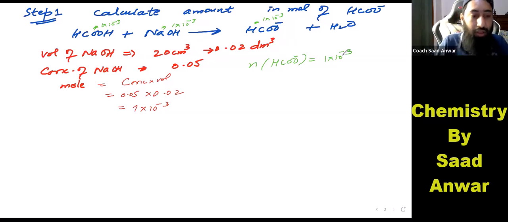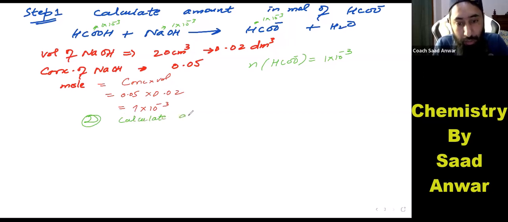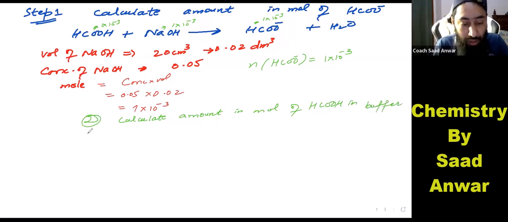Comes to the second step. Step number 2, calculate the amount in mole of formic acid in the buffer solution. For this, you need to find the original mole, and the original mole of formic acid is constant.